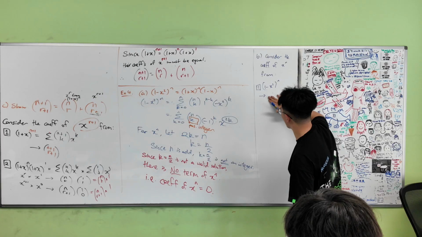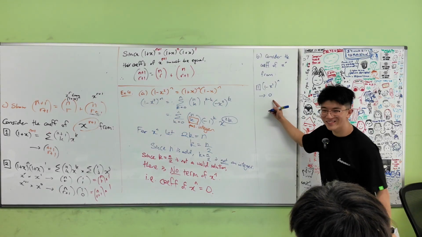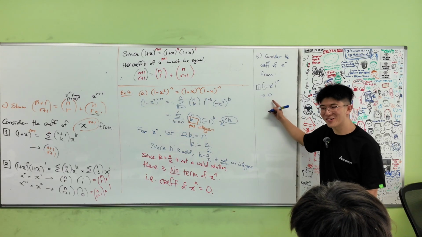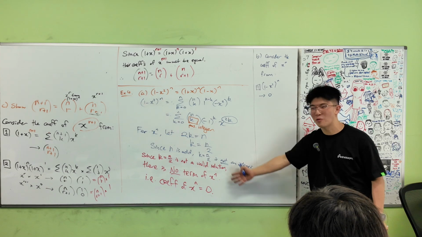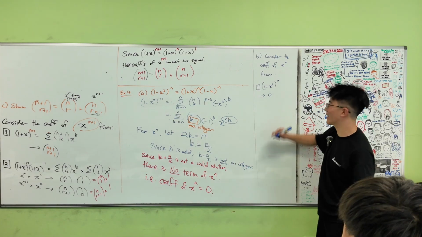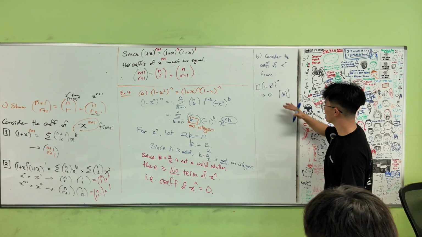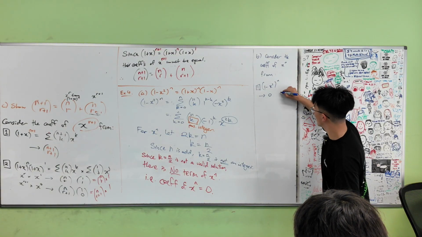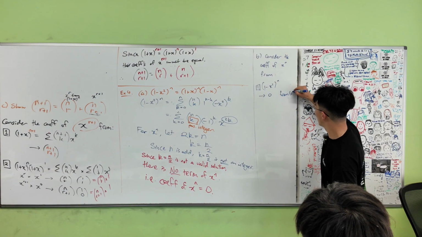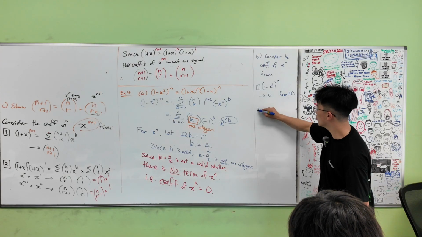Oh, okay. Sorry. From part A, you already know it's 0, right? So I didn't even put much working out there. I did all my working out here. Is that fair enough? Okay. From A. All right, step 2.